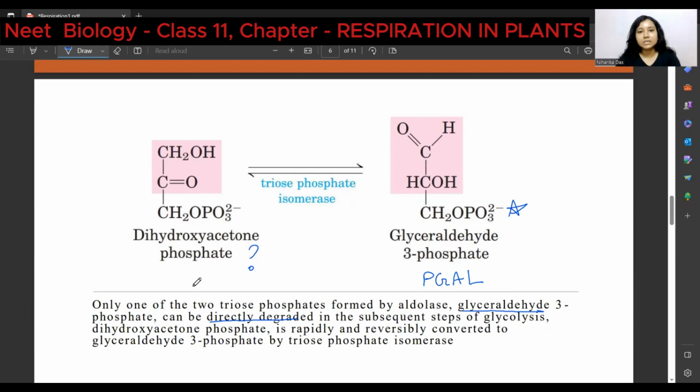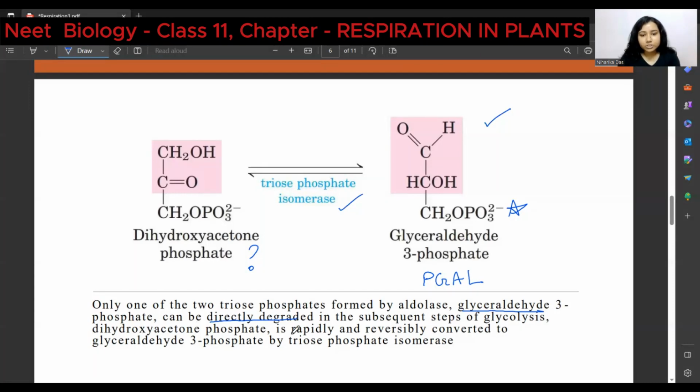That is why in the rest of the reactions in the glycolytic pathway, 2 molecules of every product are going to form. Once the glyceraldehyde 3-phosphate takes part and forms pyruvic acid, the dihydroxyacetone phosphate, by isomerization using the enzyme triose phosphate isomerase, is going to form PGAL.